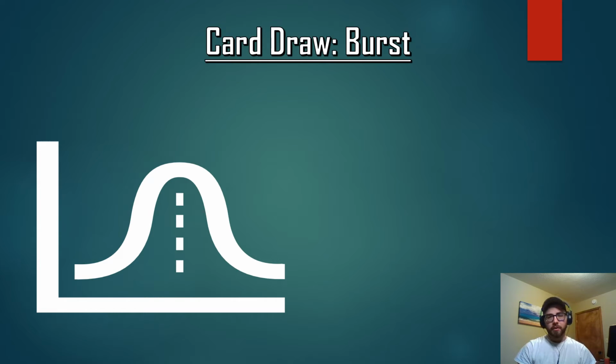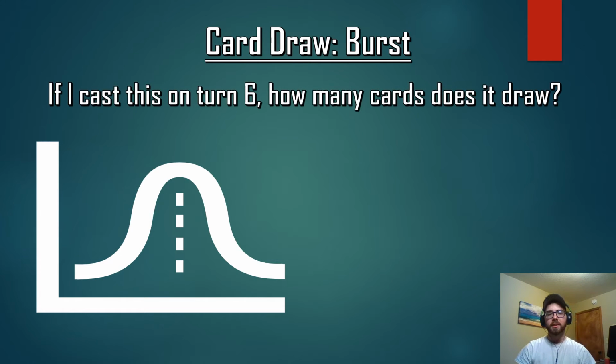I've got this little graphic over here that's just a bell curve, because we're going to talk about how where card draw lands makes a difference on when it's good. So we're going to ask the question of burst card draw: if I cast this on turn 6, how many cards does it draw?